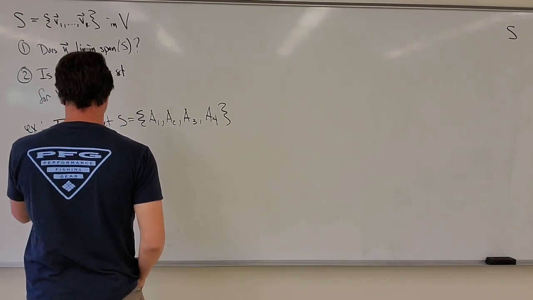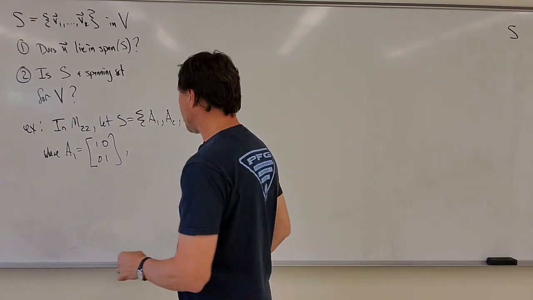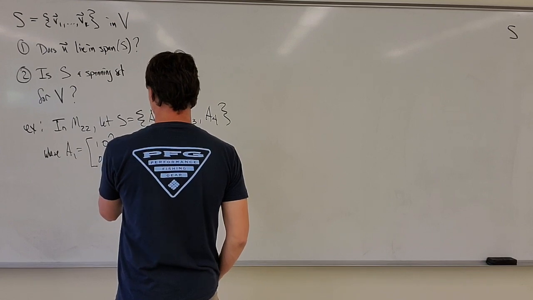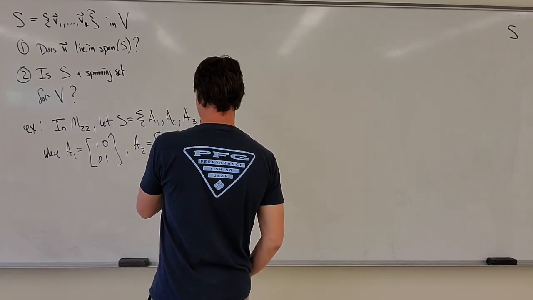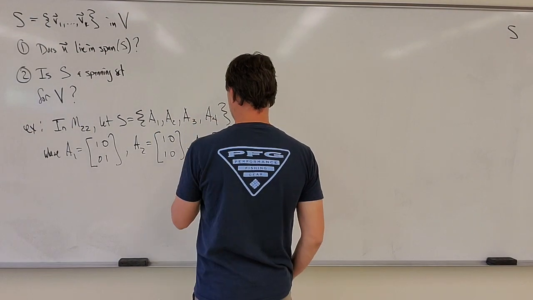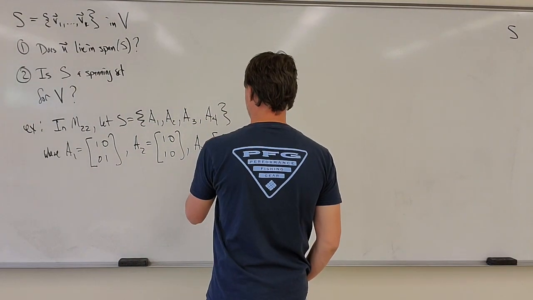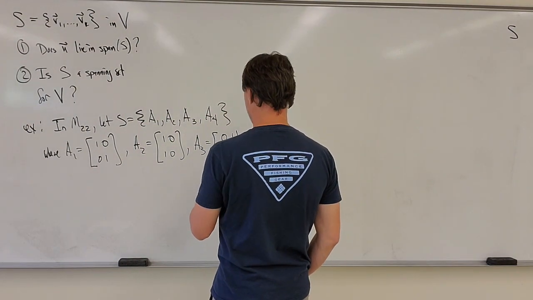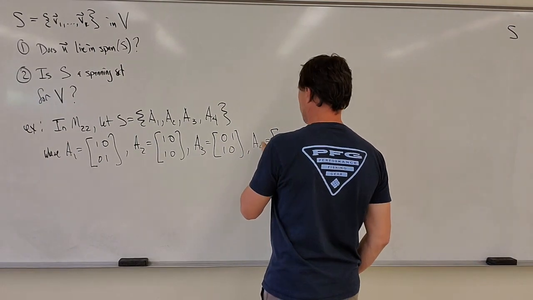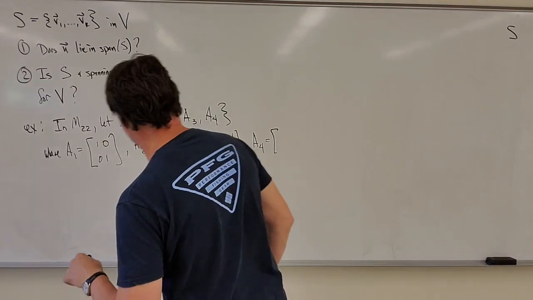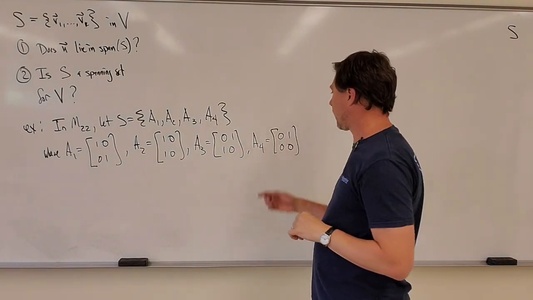A1 is just going to be the identity matrix, so 1, 0, 0, 1. A2, 1, 0, 1, 0. A3 will be 0, 1, 1, 0. And A4 is going to be the matrix that'll have a 1 up in the upper right-hand corner.